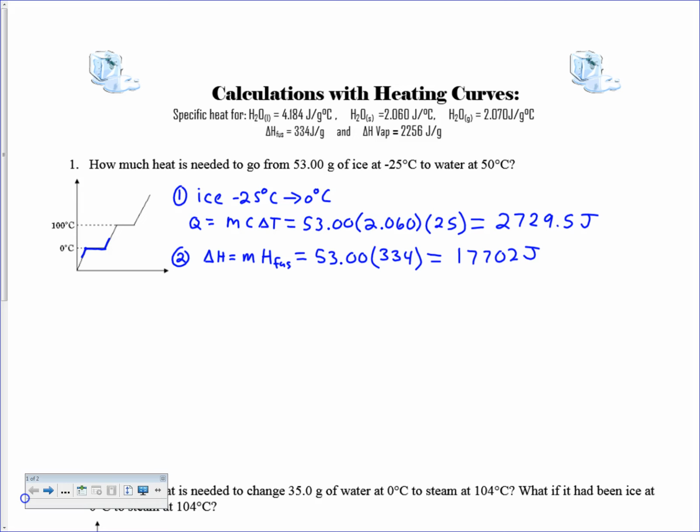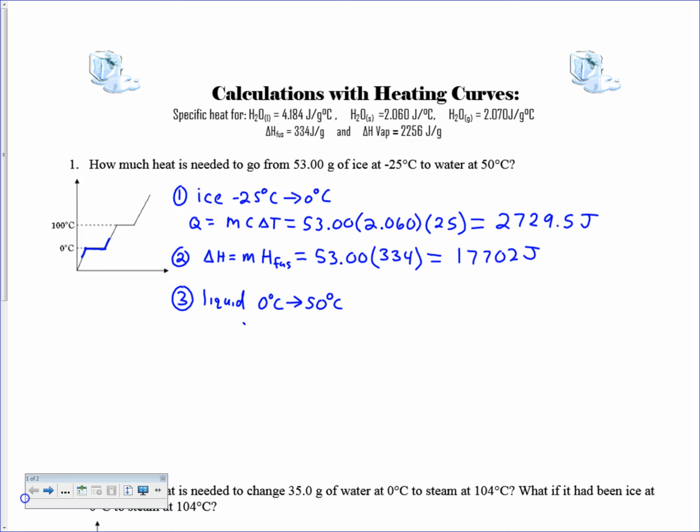The next step, step number 3, we have another change here. What we're going to do here is change the temperature from, and it's liquid water, right? So liquid, and we're going to change the temperature from 0 degrees Celsius up to 50 degrees Celsius.